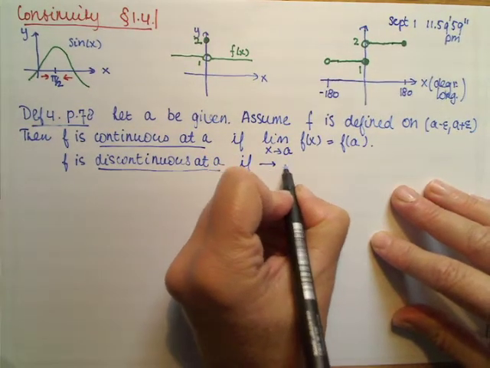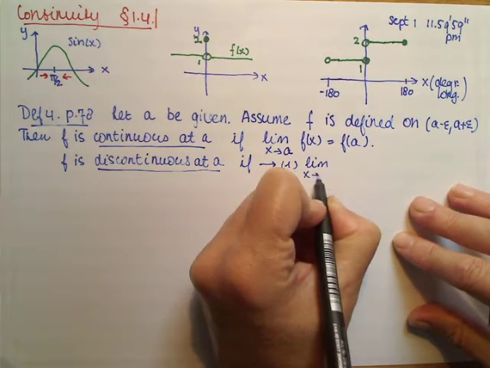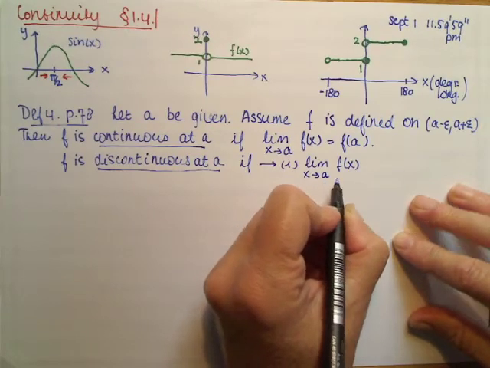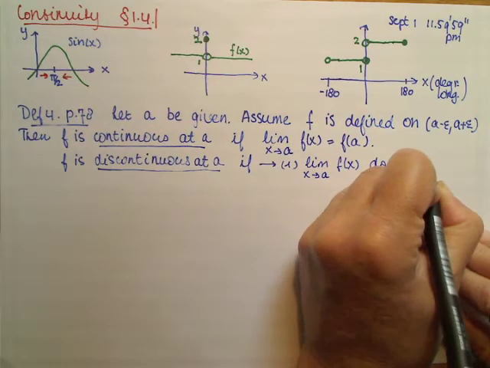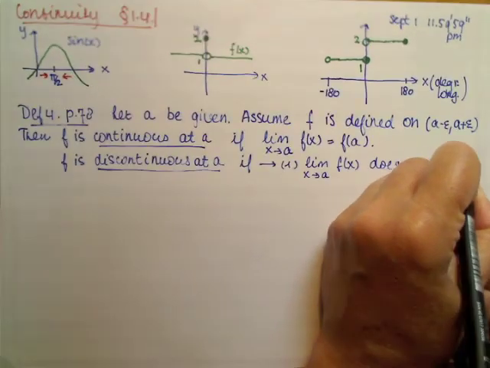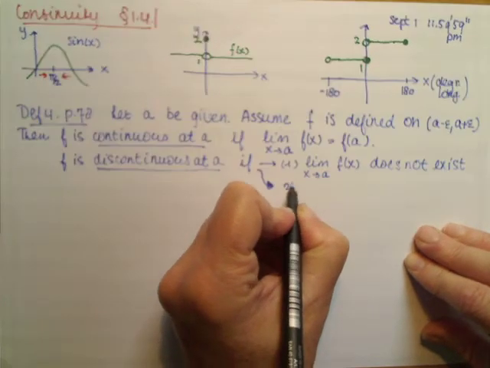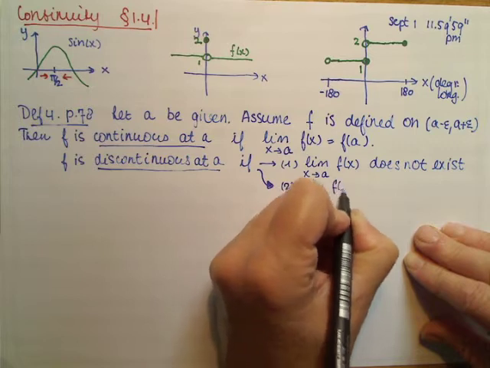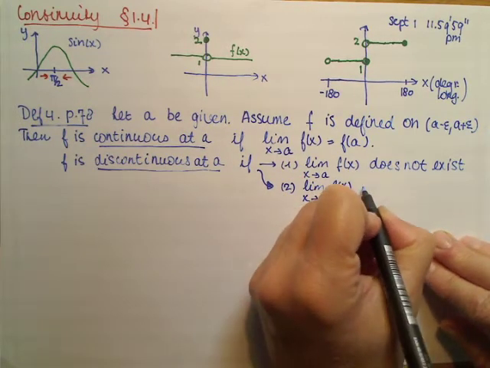Either, case 1, the limit when we walk along the x-axis to the point A, then the limiting function value, the function value has no limit. Or, well, of course the limit can exist, but it's simply not equal to the function value at A. So the limit exists.